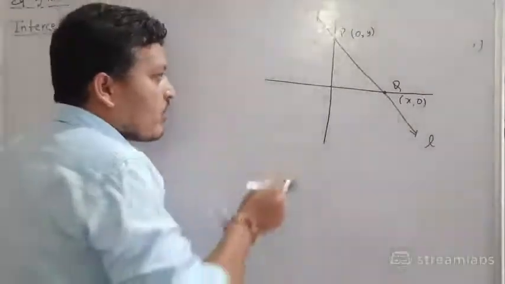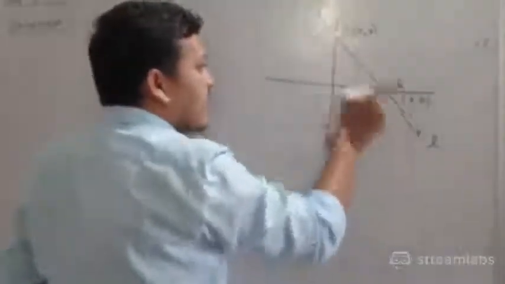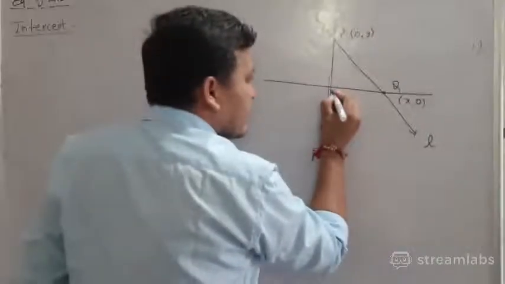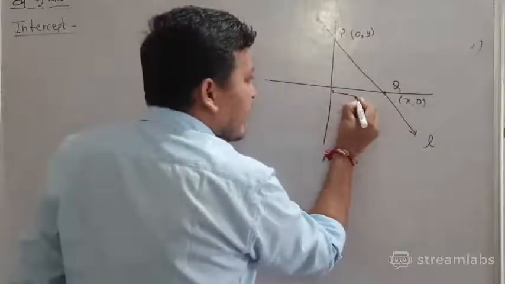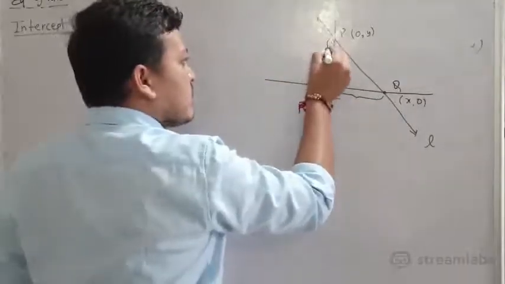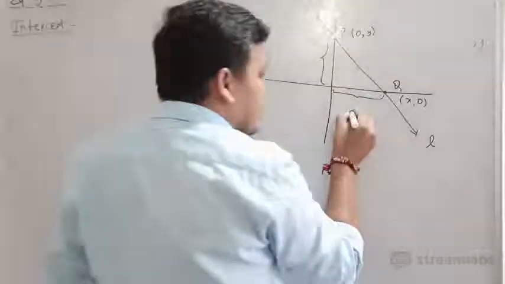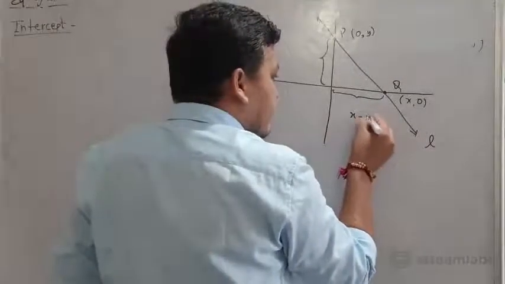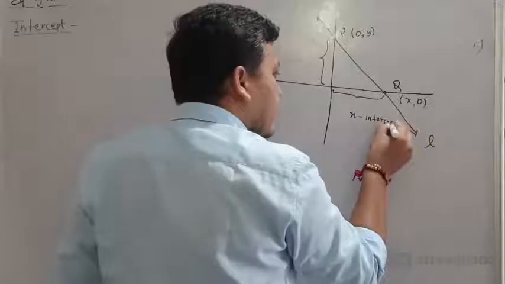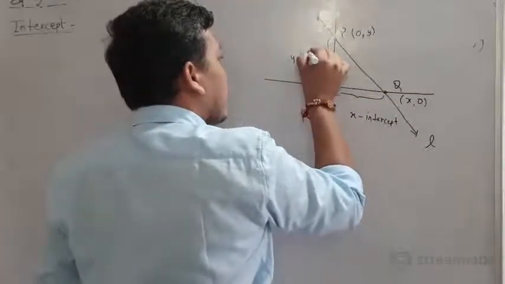Now one part of the x-axis is cut by this line, and similarly a part of the y-axis is also formed. This part is known as x-intercept, and this part is known as y-intercept.